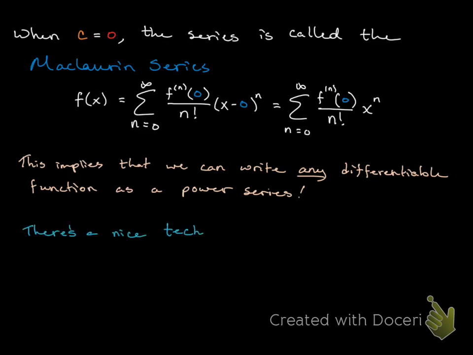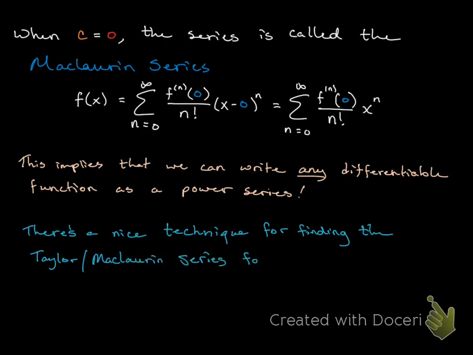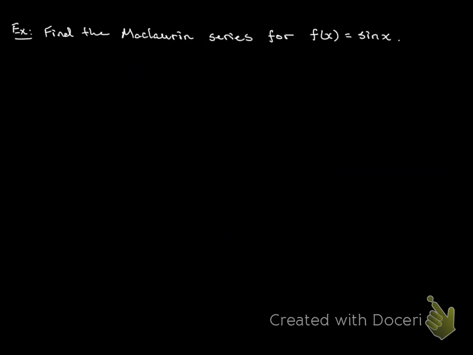And there's a nice technique for finding a Taylor series or a Maclaurin series for a specific function f of x. And what I'll do is outline that in an example here. I want to find the Maclaurin series for f of x equals sine of x.